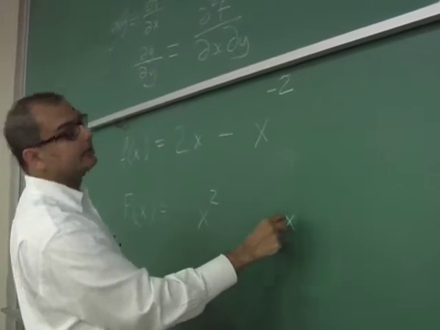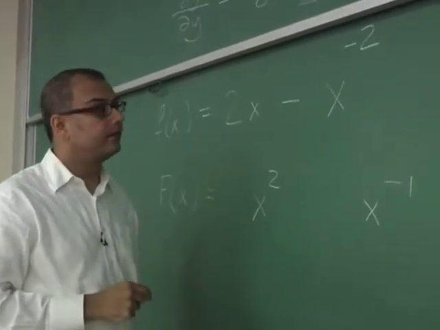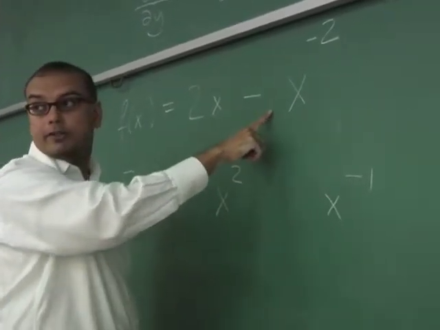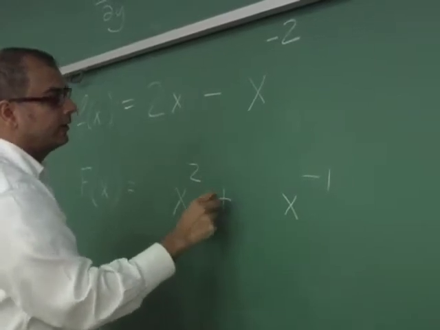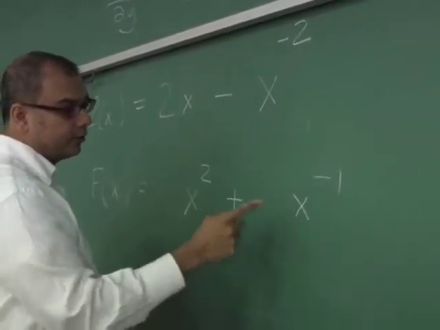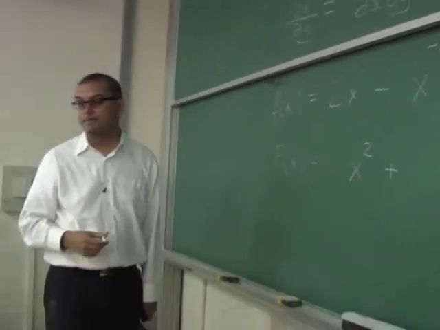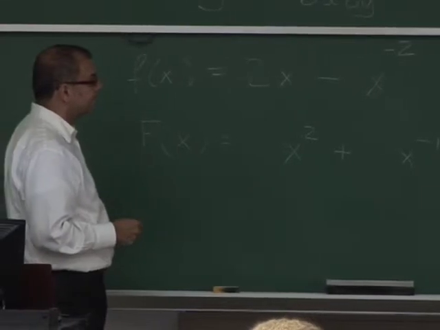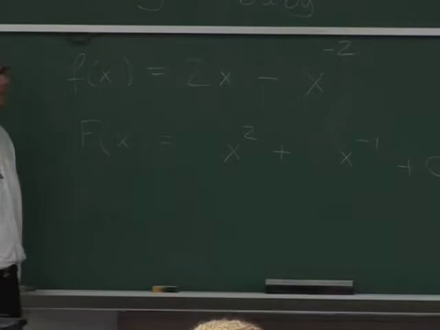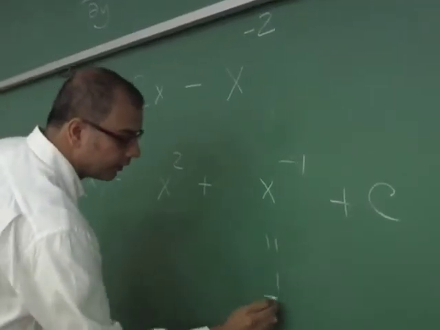So that is minus 1. Okay, and then divide this coefficient by that. So this is minus 1 divided by minus 1, which is plus 1. Okay, plus the constant. Okay, and this, as you know, is just 1 over x.